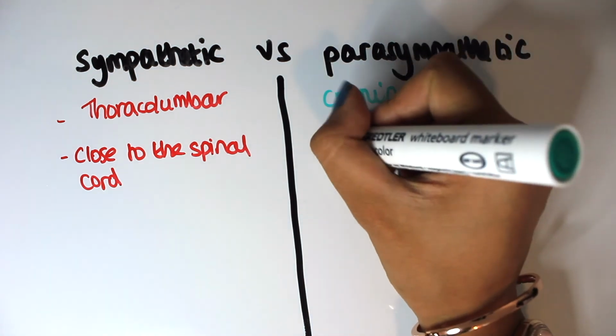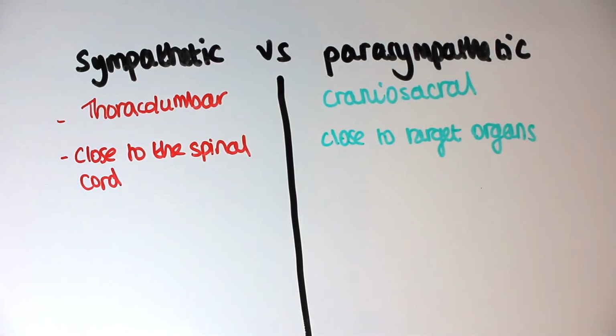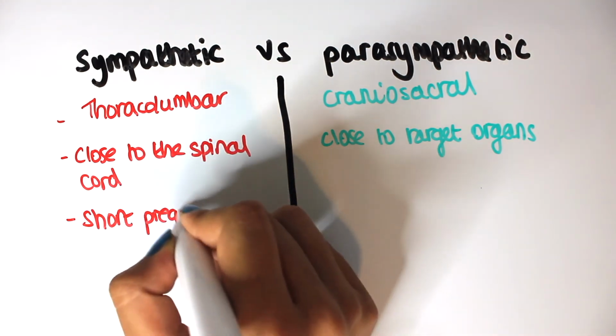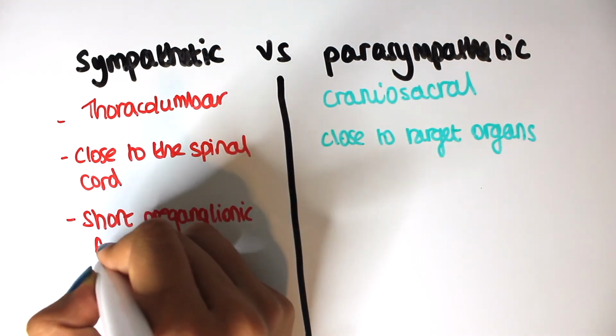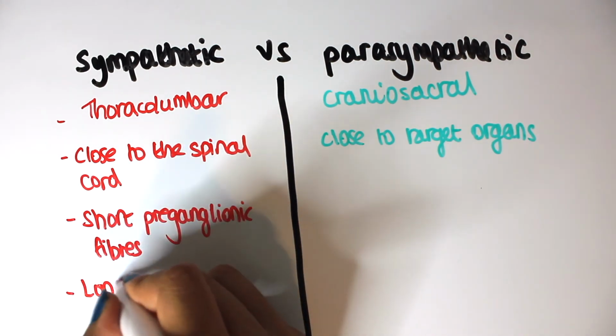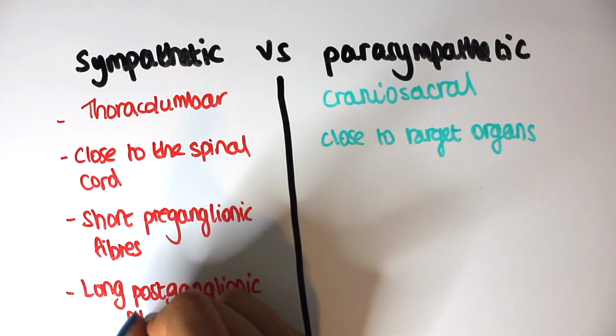The parasympathetic nervous system is close to the target organs. And of course, in the sympathetic nervous system, the preganglionic motor neurons are much shorter, and that's because they are nearer to the spinal cord, and the postganglionic neurons are longer to reach different organs in the body.